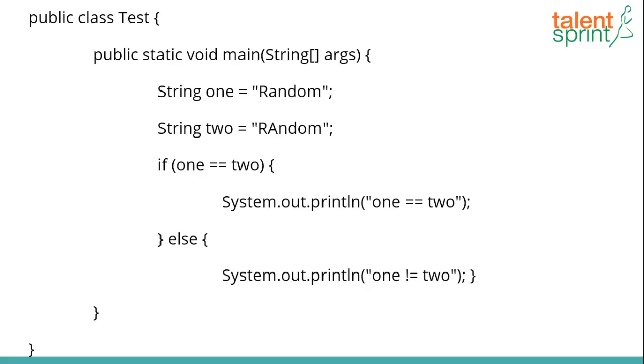Because 1 and 2 have different locations in memory. Ajaz, your explanation of the answer is wrong, but I think your answer is right. But you are giving me the wrong explanation.